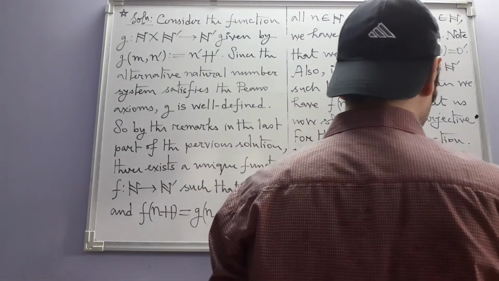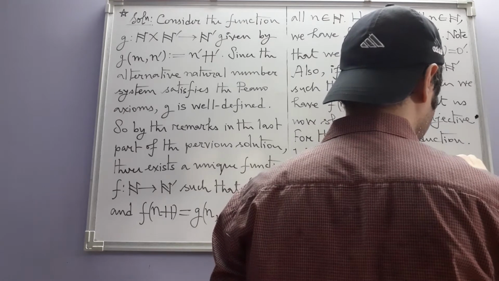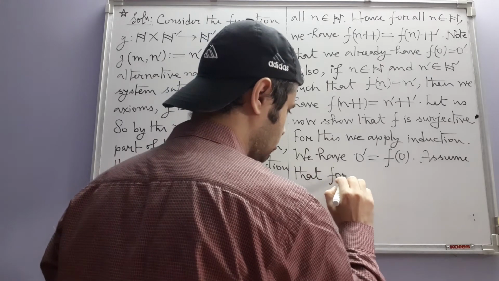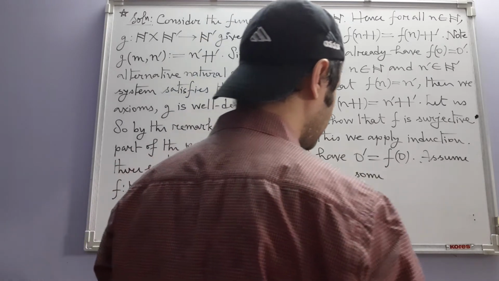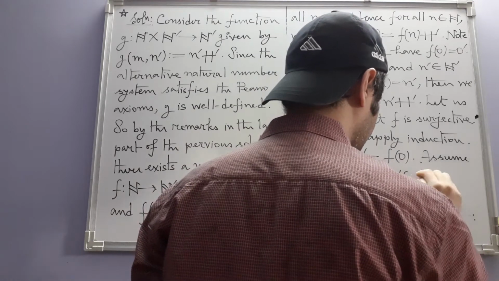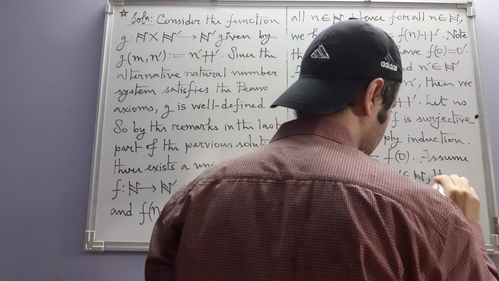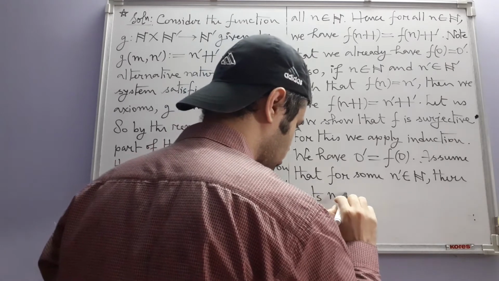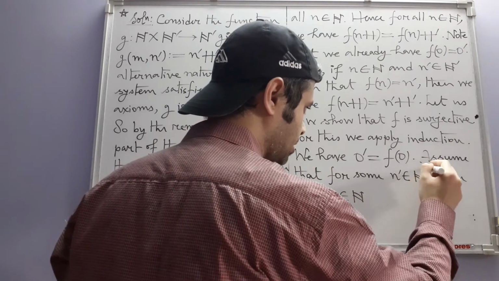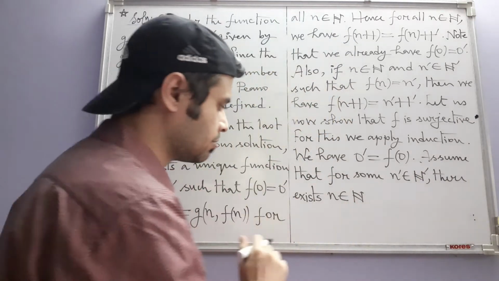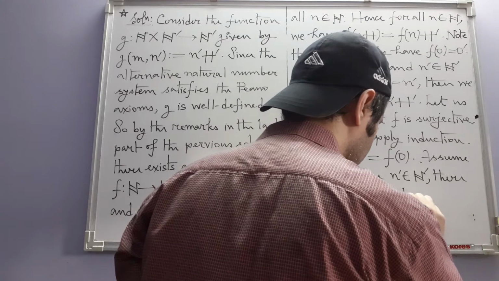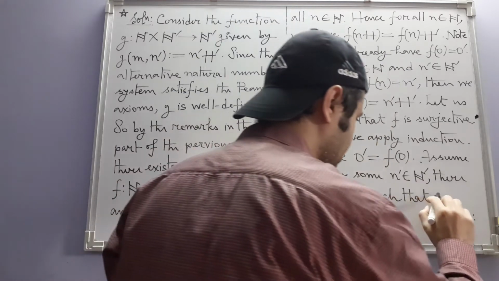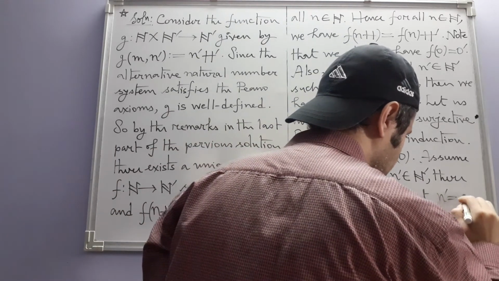Okay, assume that for some n prime belonging to n prime, there exists a natural number such that f of, let me just follow the same pattern of writing, n prime is equal to f of n.